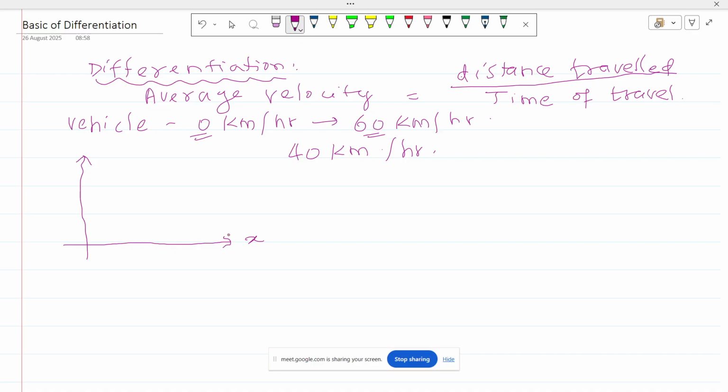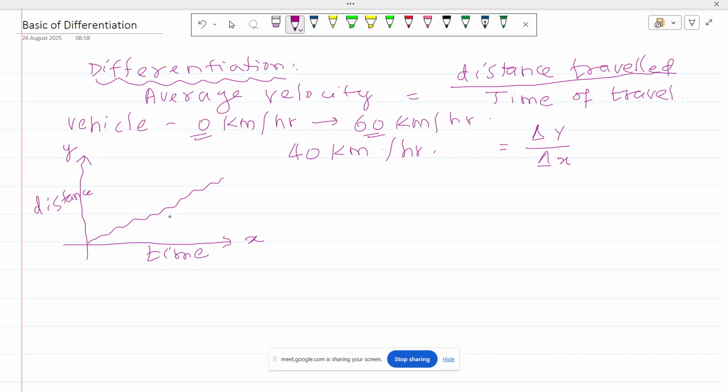Actually here it is the x-axis, and this is the y-axis. In the x-axis they write the time, and in the y-axis they write the distance. If it travels like that, then the distance traveled is delta y by delta x.